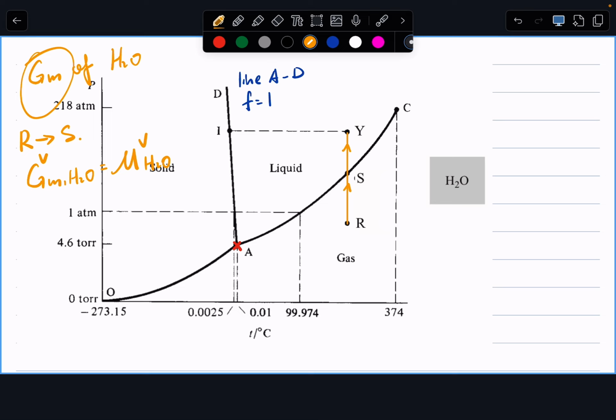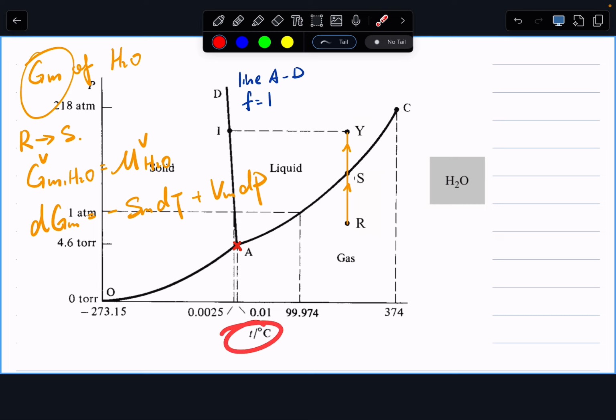And then from there, what else do we know about our Gibbs free energy? We have our Gibbs equation: dGm = -Sm dT + Vm dP. In here, these are straight lines. Now, what is my x-axis? My x-axis is temperature.